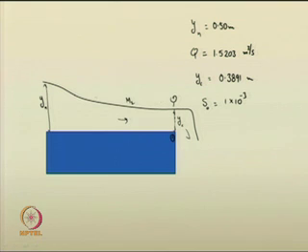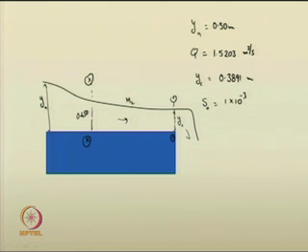You can go now into the upstream and find the section, let me suggest it as section XX. We do not know how far this section XX is from the brink, but the question is we have to find the section where the depth of the flow is 0.450 meter.